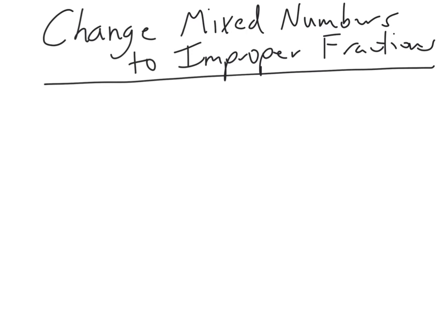So if I have the mixed number, let's just start easy, 1 and 1/2. The denominator is how many parts we have in the whole, and the whole number is how many of those parts we have.